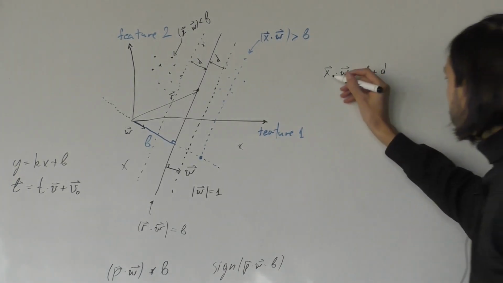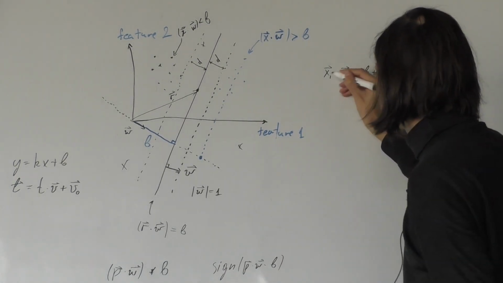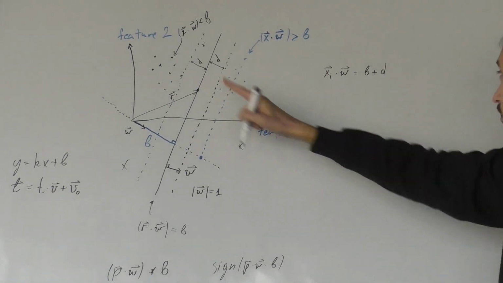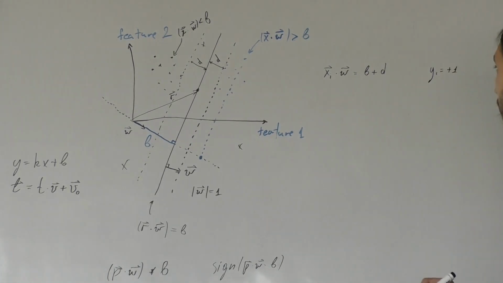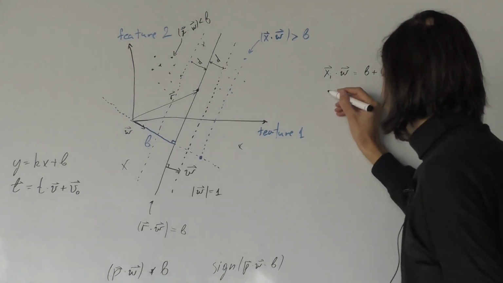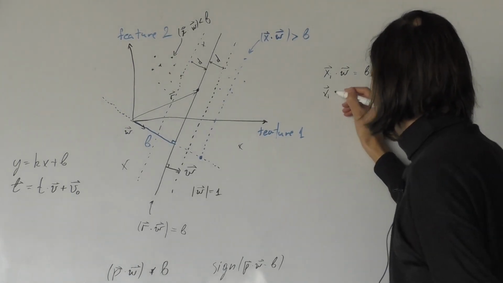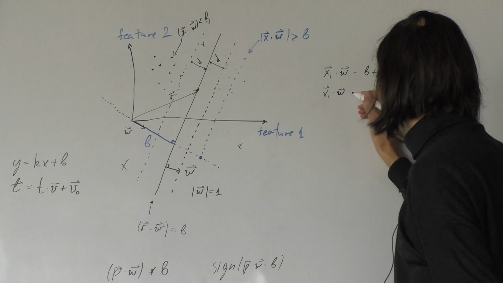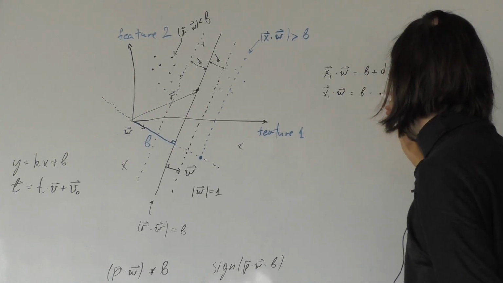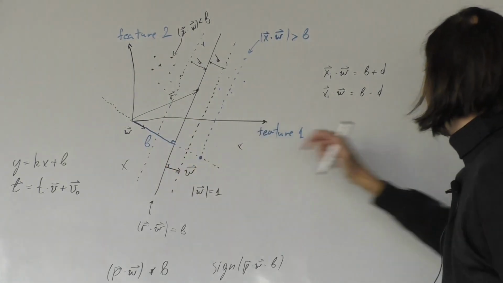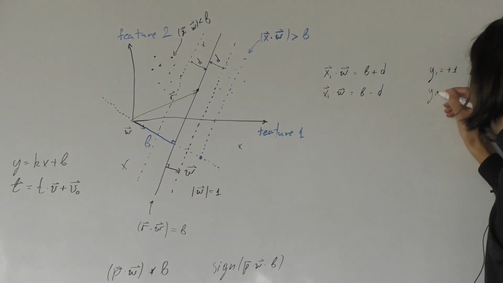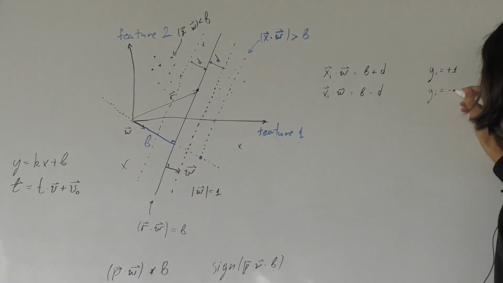I will mark it xi, for example. That's a point from a data set, and this is for class yi equals, let's say, +1. Or I can have xi times w equals b minus d. That's for the points of the other class, which I can call -1.